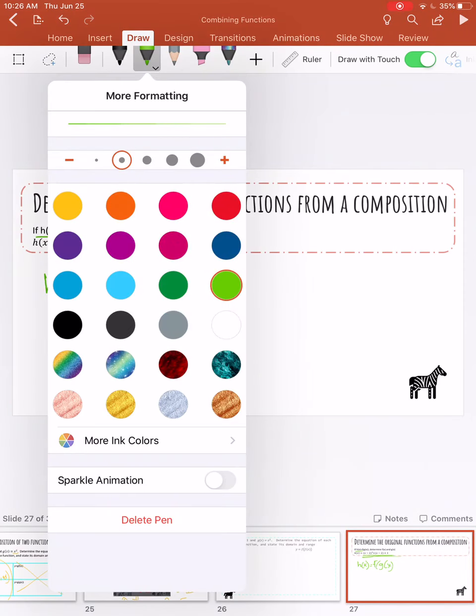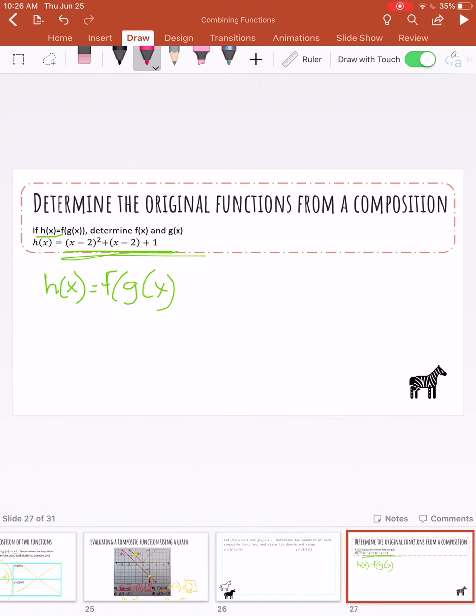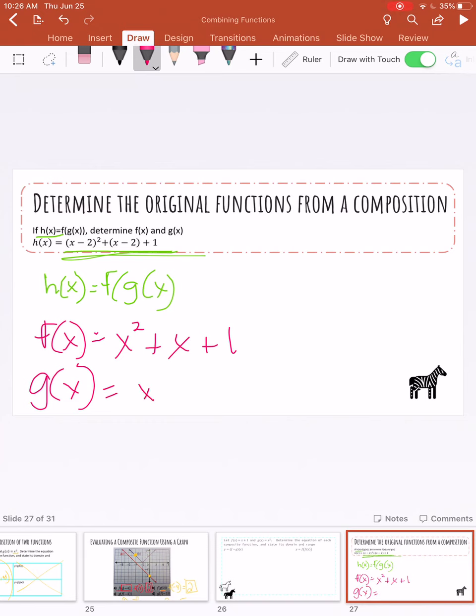I can think of two different answers here. Again, backwards thinking. I could see the f function could be x squared plus x plus 1, and the g function, which you're inputting into that f function, would just be x minus 2. So that's definitely a possibility.